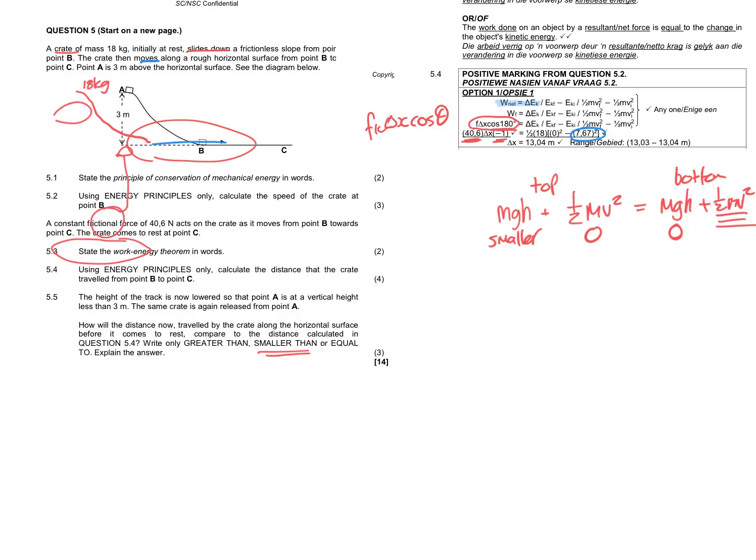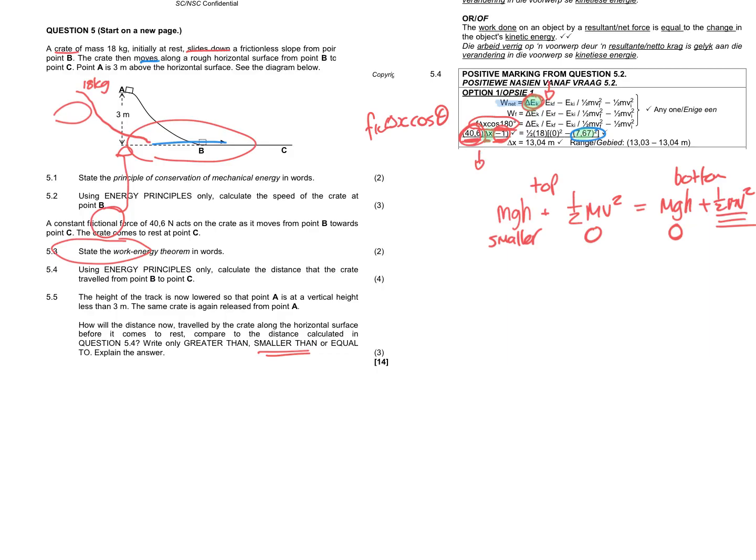And if you have less kinetic energy, your delta EK in this formula will be smaller, which means, with the same friction and the same minus 1, your delta X will be smaller, because the delta X and the delta EK are on opposite sides of the equal sign, so they are directly proportional. So if this number was smaller, then this number will end up being smaller.